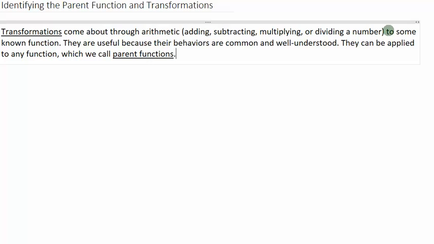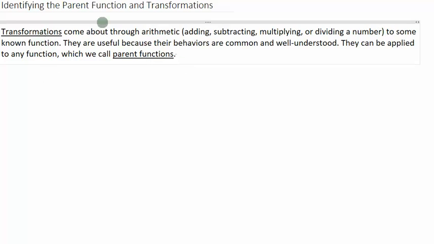Our parent functions will be very commonly known functions, and our transformations will also eventually become very commonly known to us. And with that combination of these well-known parent functions and these well-known transformations, we can graph countless functions using the same ideas. So we don't have to learn a new technique for every new function.